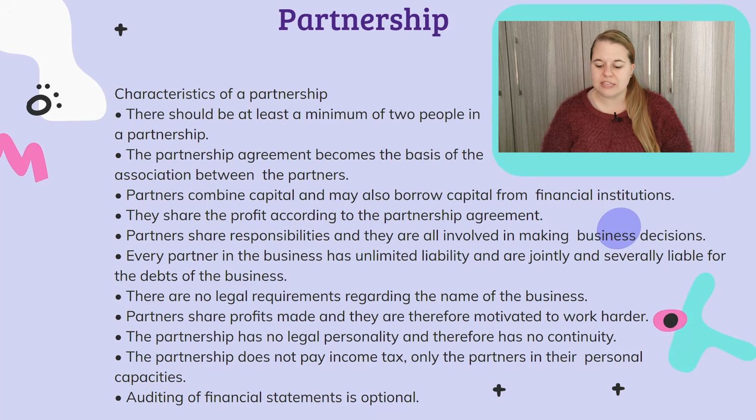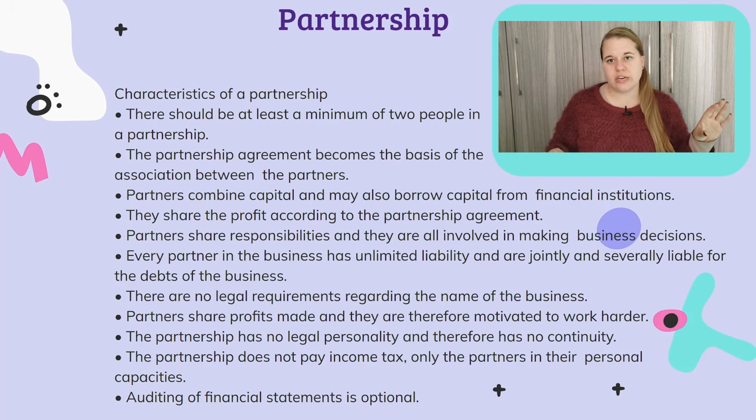Partners share responsibilities and they're involved in making the business decisions. Every partner in the business has unlimited liability and is jointly and severally liable for the debts of the business. So again, similar to a sole trader, there is no difference between the partners and the business.